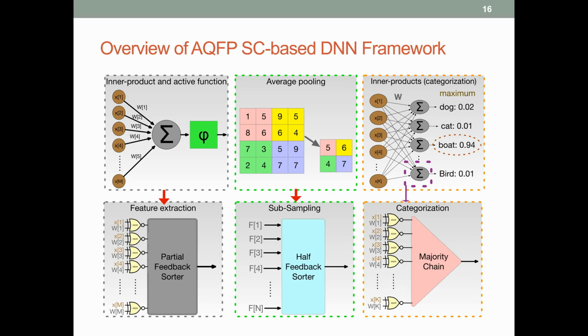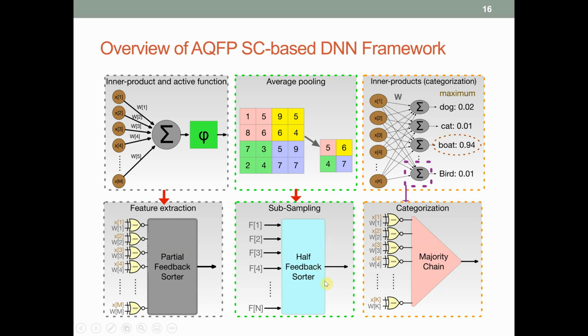So this is an overview of this AQFP-based deep neural network framework. The inner product and activation functions, which are the multiplication and accumulation in the deep neural networks, use partial feedback sorters in AQFP. For the pooling, we also use sorters, which are half feedback sorters.